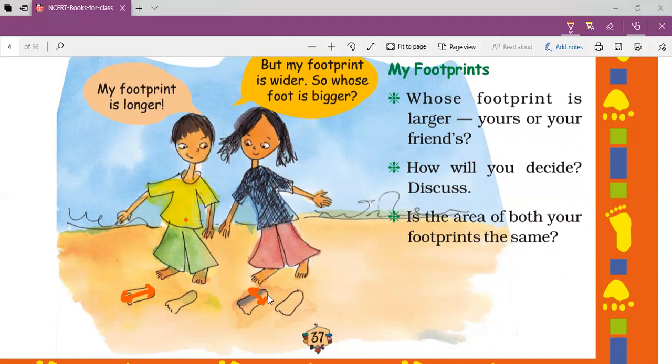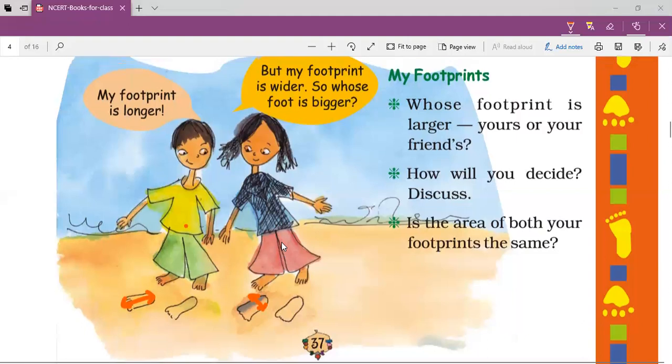Because if this girl's footprint is longer and also wider, then we can say that she has a bigger foot. If the blue shirt girl has a wider footprint and also a longer footprint, then we can say that this blue shirt girl has a bigger foot. Okay, now here they have given a question.